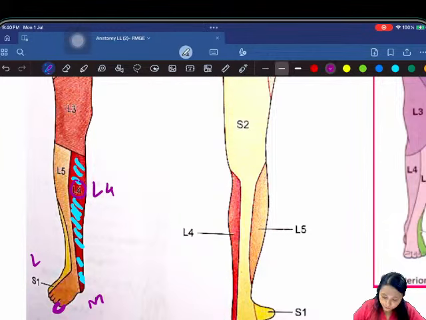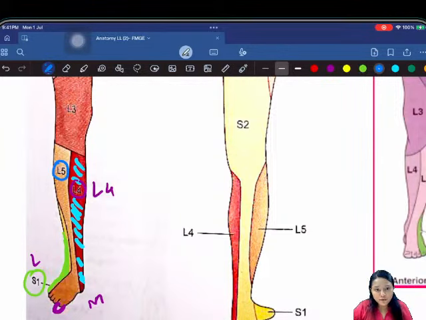Okay, the most lateral aspect towards the little toe. मैंने बोला था इसमें सूरल नर्व होता है ना, सूरल नर्व. तो that dermatome will be S1. Okay, और बीच में जो है that will be of L5. तो leg में mostly you have L4, L5 and S1. So if you come from medial to lateral, from most medial you have L4, then L5, then S1.